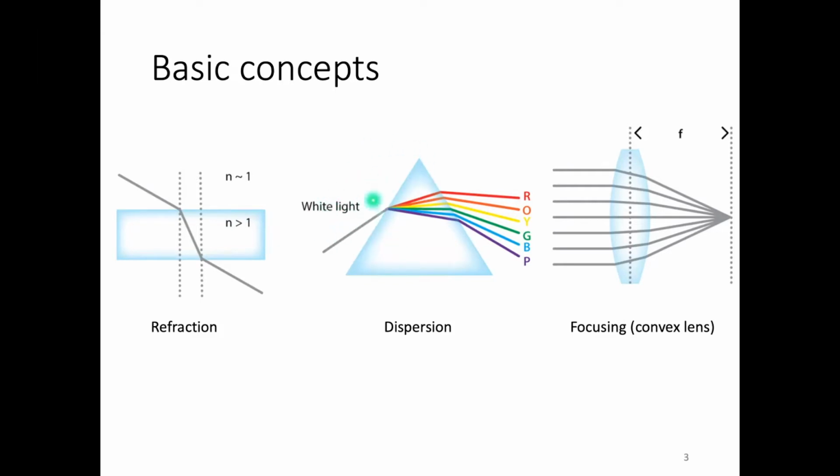So if you send white light through a prism, for example, which has a different refractive index, then you will get dispersion and splitting of the colors. And of course, what we are going to need today is to talk a little bit about lenses and how we can focus light onto a focal point. So in this presentation, F will be the focal distance.